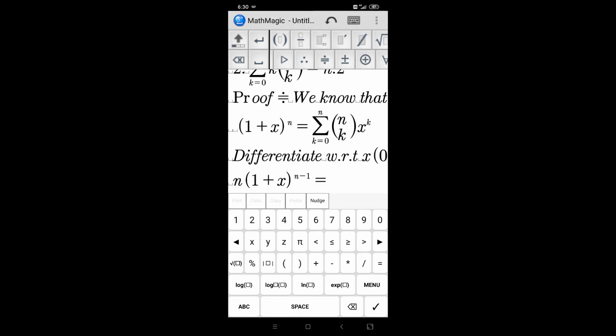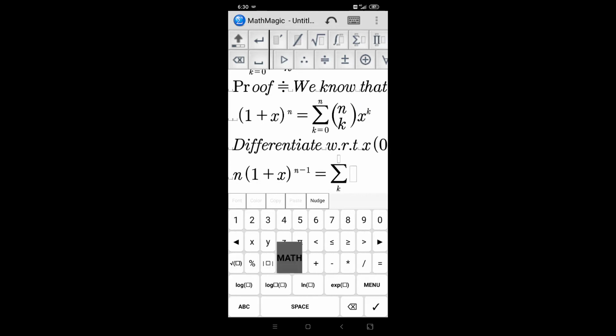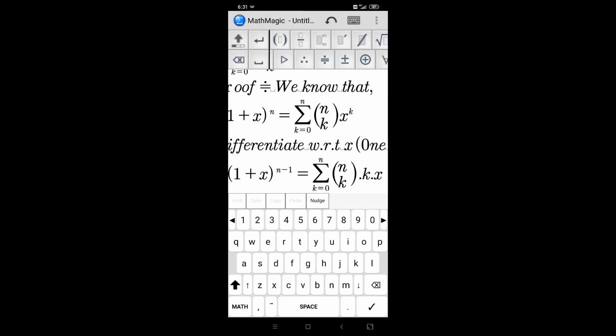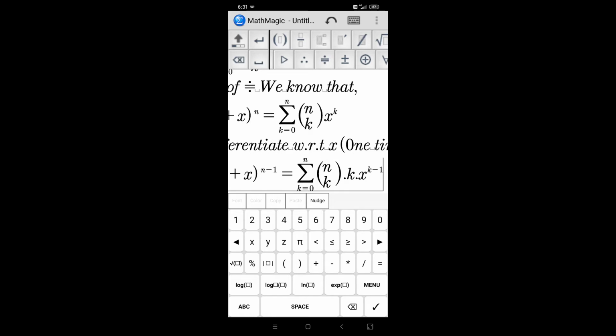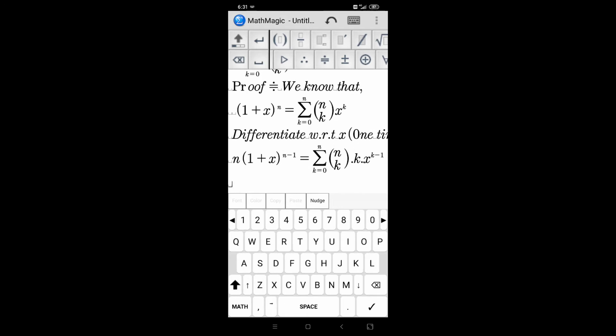Since differentiation is done with respect to x, the summation and the combination n combination k will be constant, so they come out. The differentiation of x to the k is k times x to the k minus 1, and k is constant with respect to x. So here we get what we are to prove.